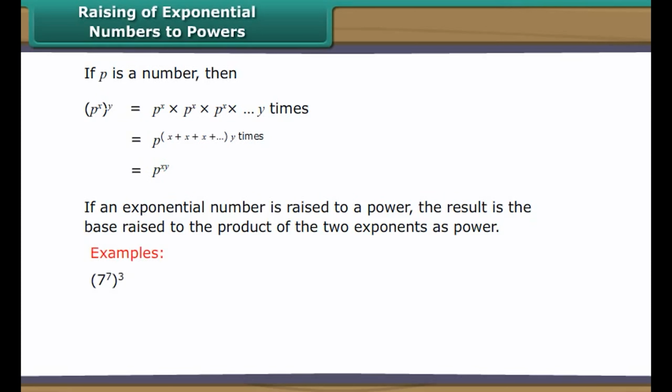7 raised to the power 7 raised to the power 3 is equal to 7 raised to the power 7 into 7 raised to the power 7 into 7 raised to the power 7, which is 7 raised to the power 21, which equals 7 raised to the power 7 into 3.